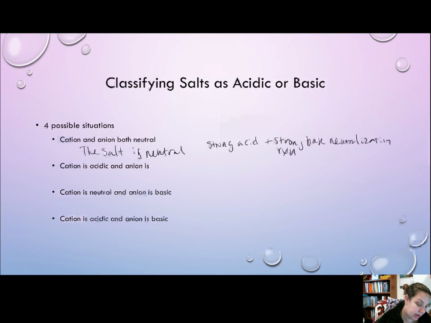If we have an acidic cation, and the anion is neutral, then the salt will be acidic. Okay, and this comes from a weak base plus strong acid neutralization.